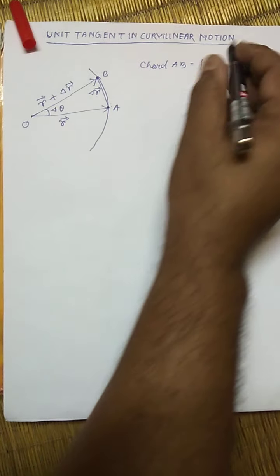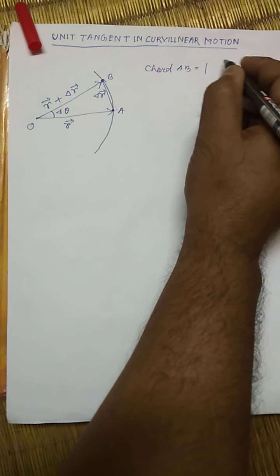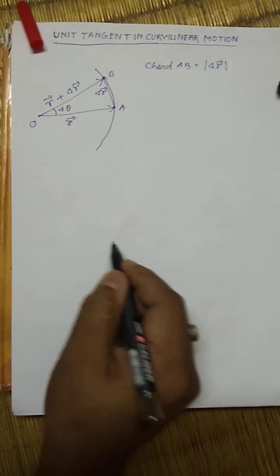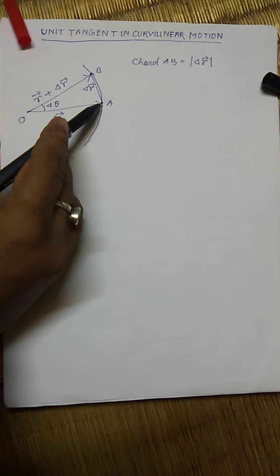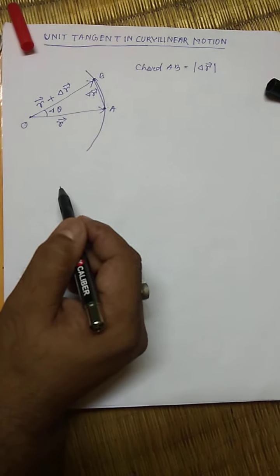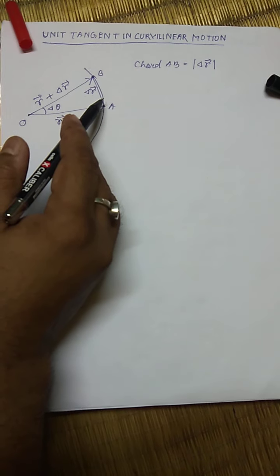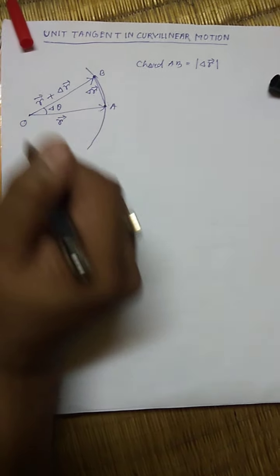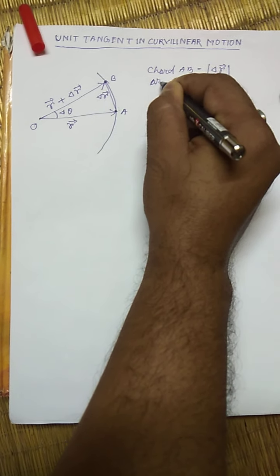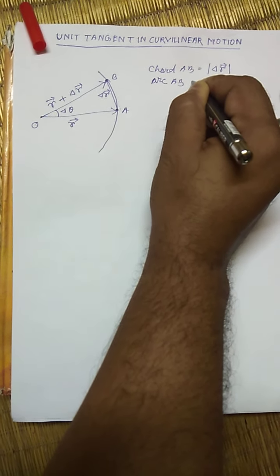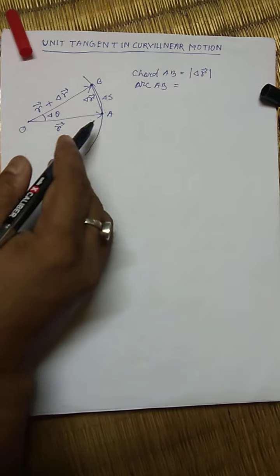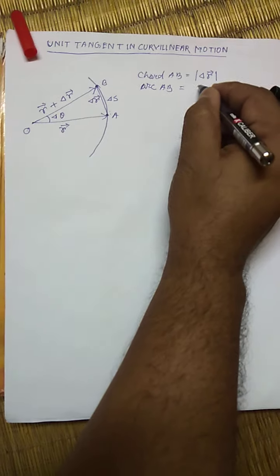Thus we can write chord AB is equal to the modulus of delta vector r. The length of the arc AB gives us the distance traveled by the particle. Thus we can write arc AB is equal to the distance traveled by the particle, and let it be delta s.